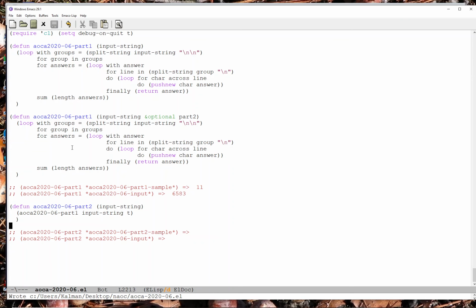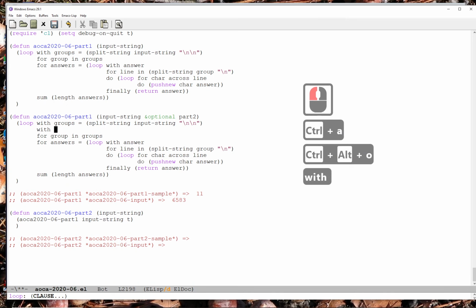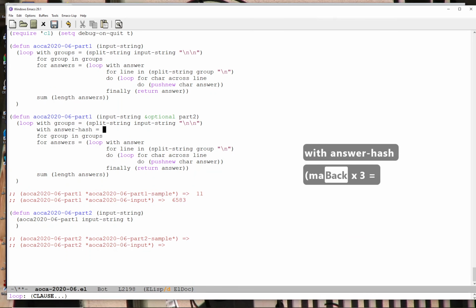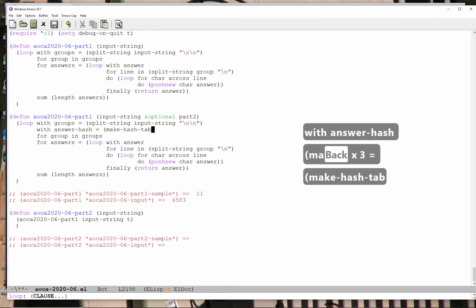In fact, a hash table is not an unreasonable thing to do. So the other thing is not association lists, but okay. So with answer-hash make equals make-hash-table.